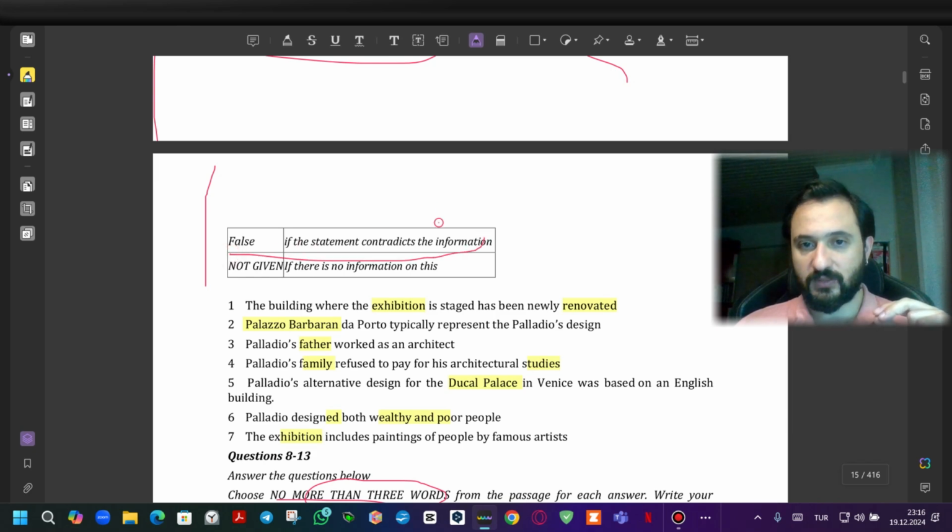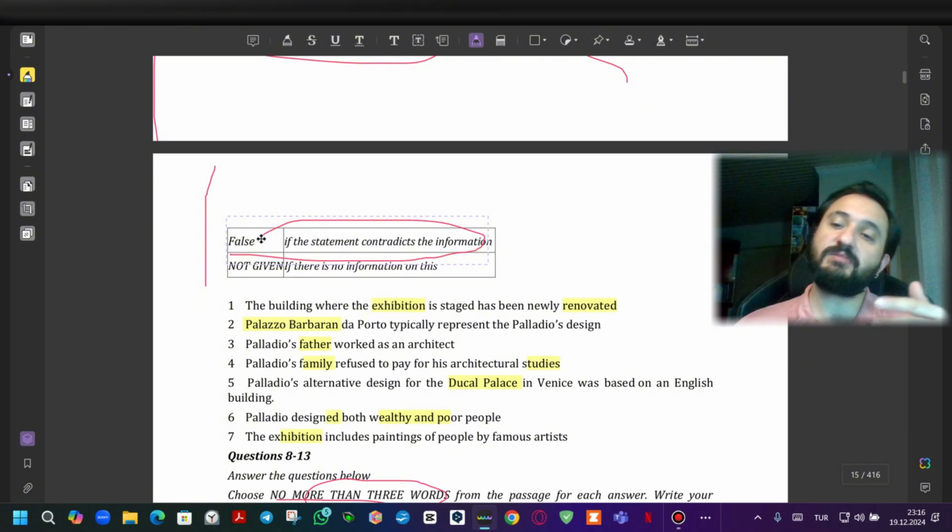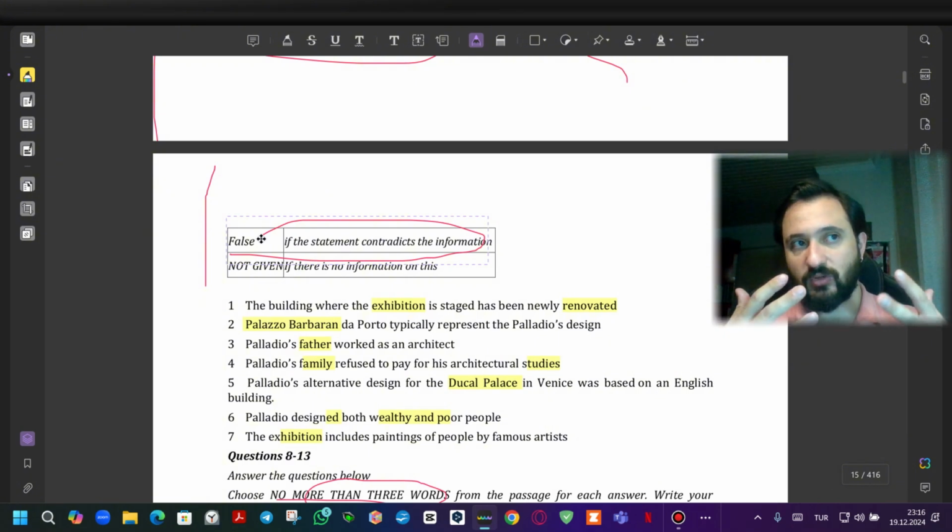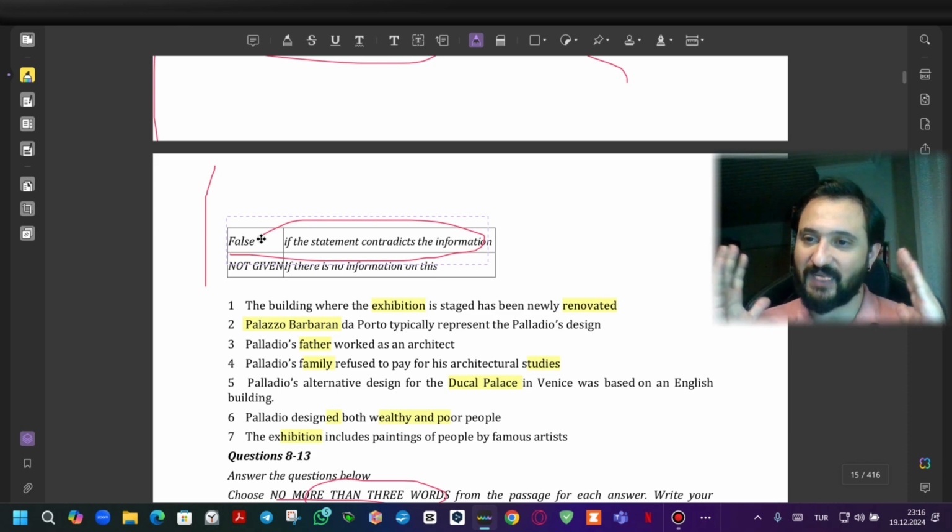If it is false, you need to find the opposite, which means antonyms. Sometimes they don't write exactly the negative version, but they write the negative statement of the statement in the question.